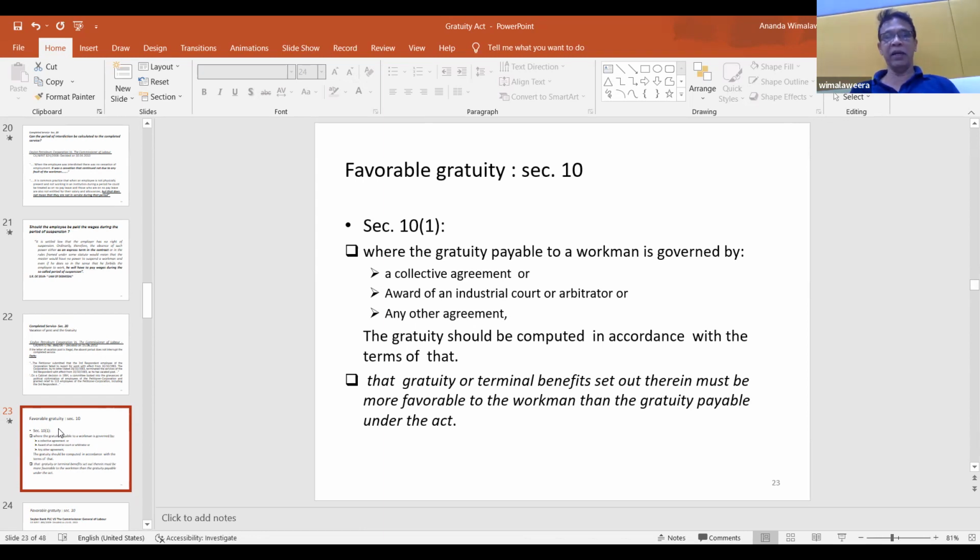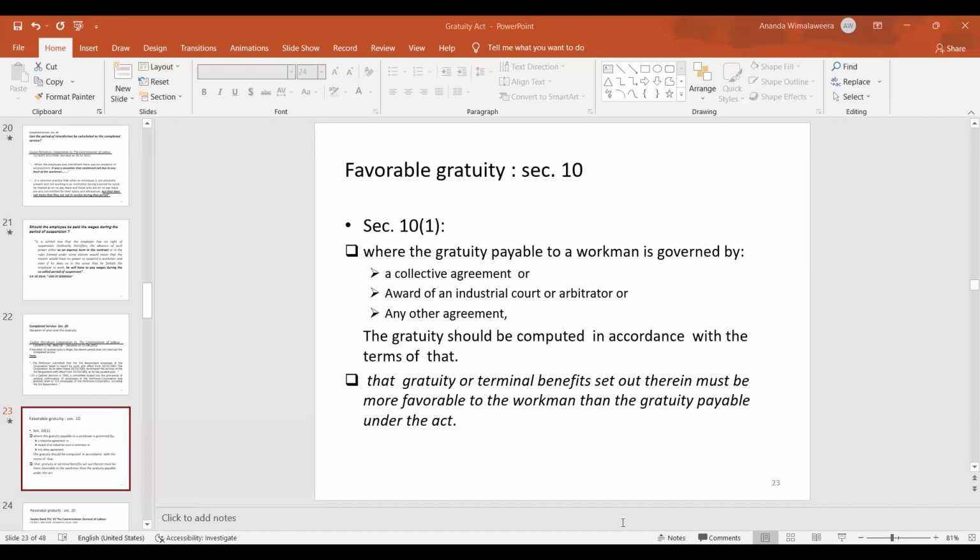Subtopic: favorable gratuity. Right. Under that, first para, favorable gratuity, that is the subtopic.